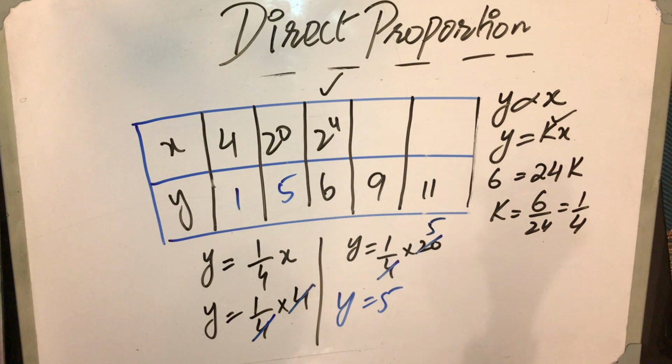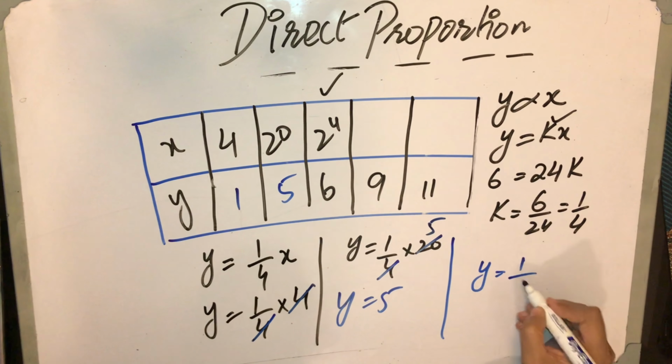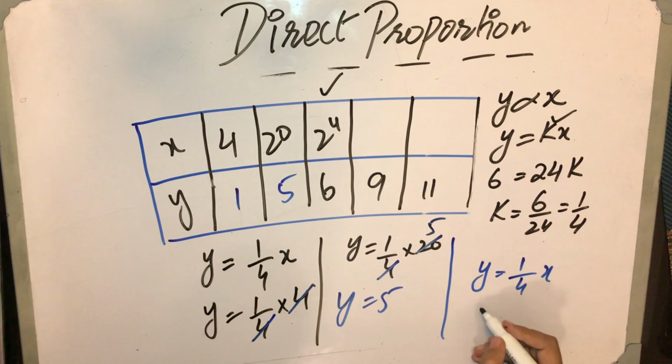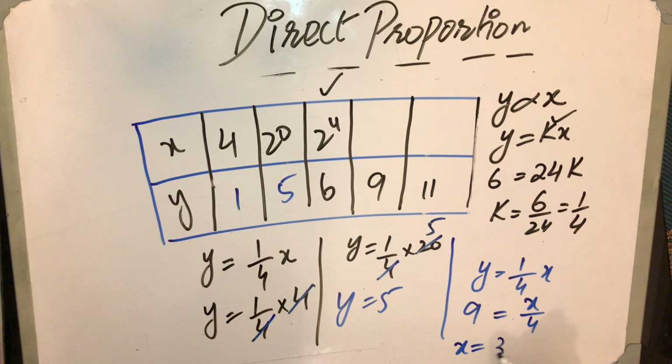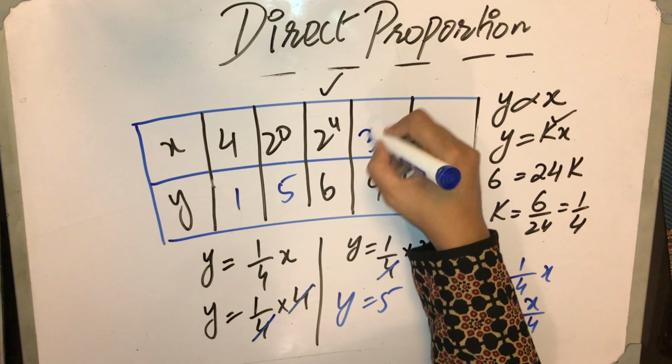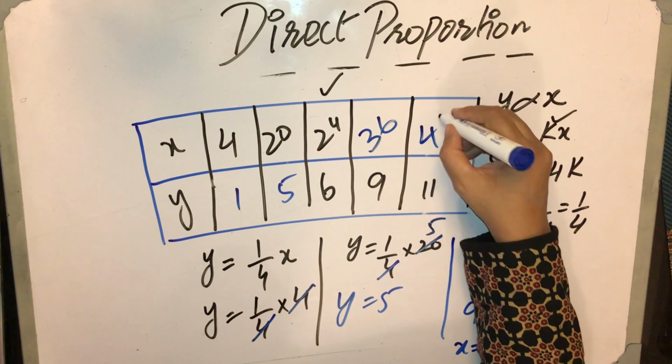Now y is given, y equals 1 by 4 x. y is given 9 equals 1 over 4 x, or x by 4. 4 is in the denominator here, we shall multiply. X will be 9 times 4, 36. And here x will be 11 times 4, that is 44.